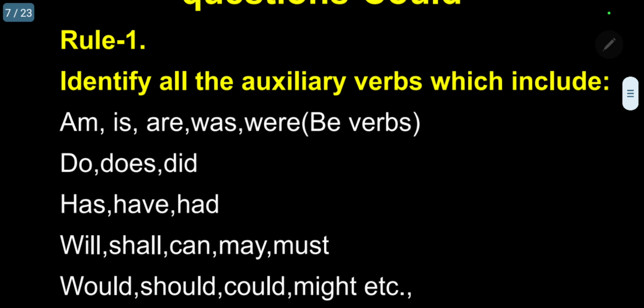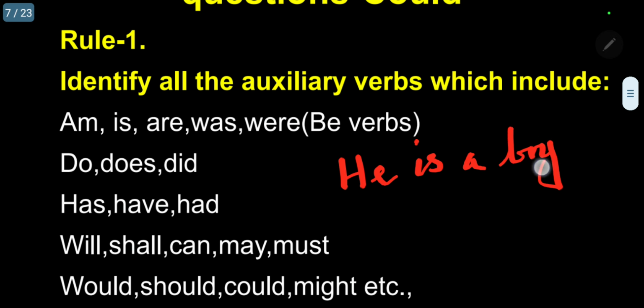Let me take a simple example. First, the 3 types. Suppose: he is a boy. He is a boy. Here is is a be verb, coming as an auxiliary verb, whereas he is the subject, the personal pronoun, third person singular, so a singular verb comes.